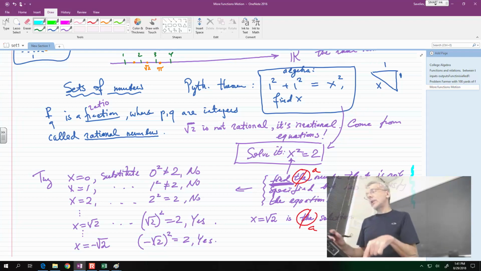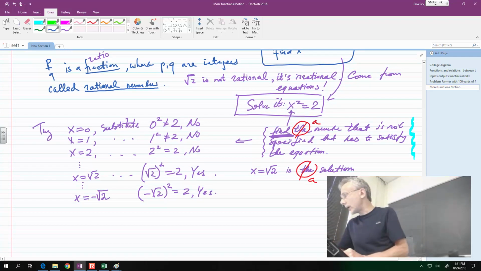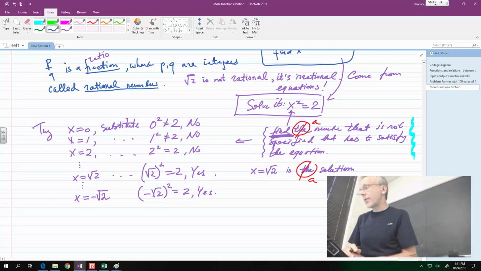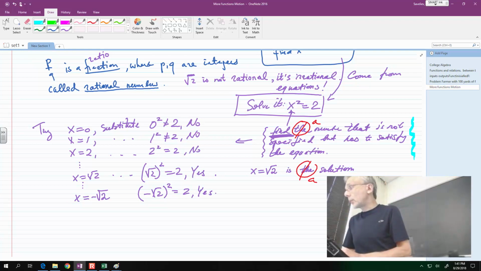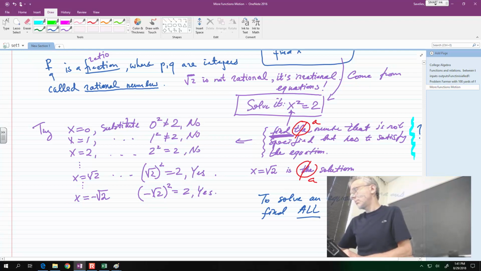It's not good enough, because when we're trying to solve an equation, apart from the geometry that cannot have negative lengths, if you were just facing that equation, x squared is equal to 2, the right way to put it is: solve an equation means find all values of x that, if substituted into the equation, give you the correct statement.